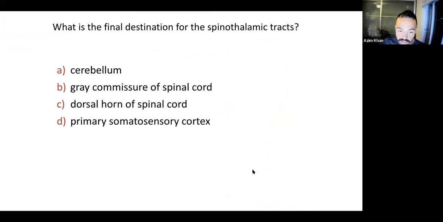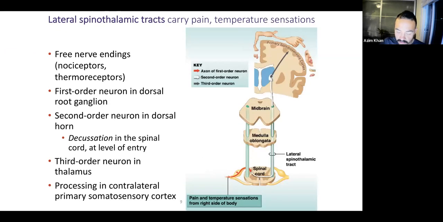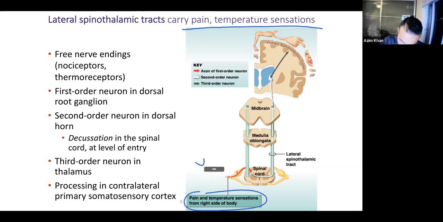Or how about this sensory example? Since this is sensation, we're going to feel something somewhere from the right side of our body. So I'm going to draw dendrites, axon terminal. The axon terminal is ending in the dorsal horn. So this is new.